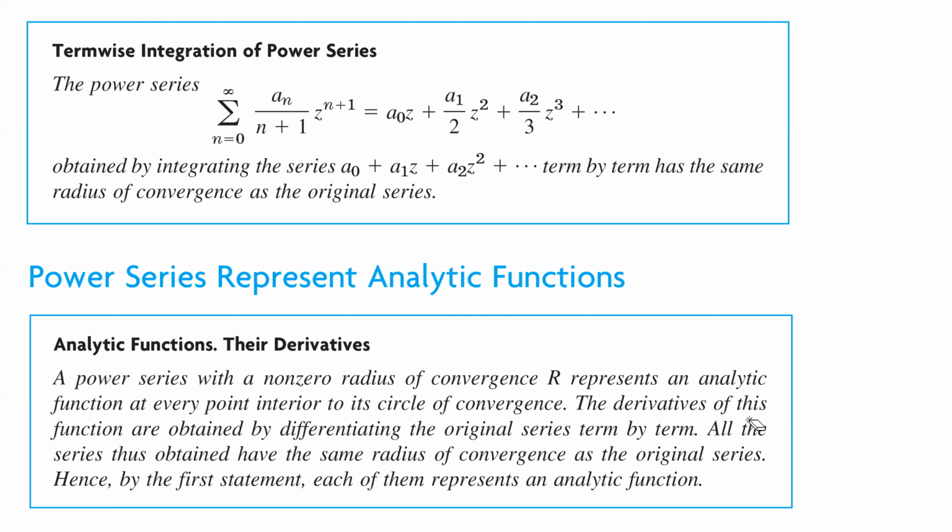The derivatives of this function are obtained by differentiating the original series term by term. All the series thus obtained have the same radius of convergence as the original series, and therefore, by the first statement, each of them represents an analytic function. So working with power series is very good because you can represent analytic functions with them, and then taking derivatives and doing stuff with them is very easy.